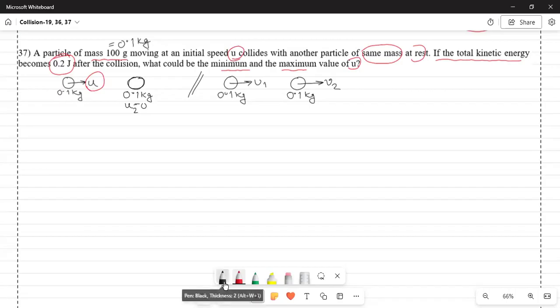So let us start solving the problem. Once again, from the theory of conservation of momentum, the momentum of the first body is 0.1 into u, 0.1 u. Momentum of the second body is 0. After collision, their momentums are respectively 0.1 v1 plus 0.1 v2.